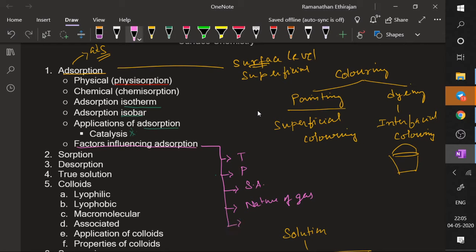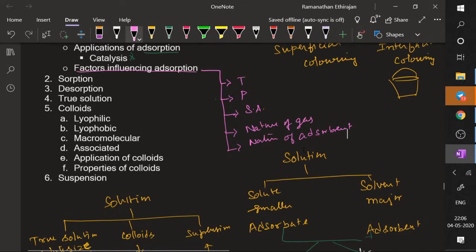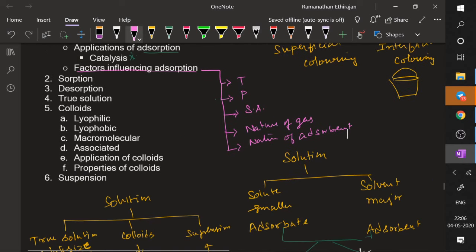Adsorbent means the adsorbing surface. Now when we talk about colloids, you should know something about desorption. Desorption means the process of removing the adsorbed material from the adsorbent. That is called desorption.